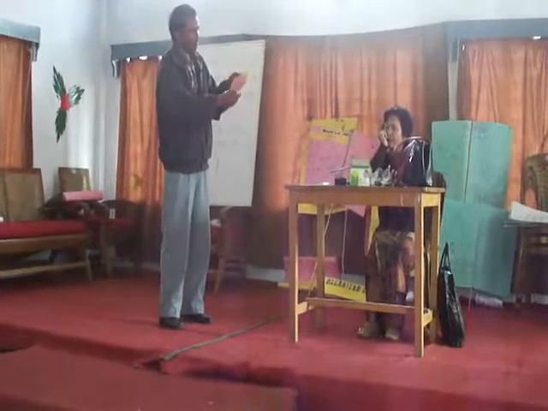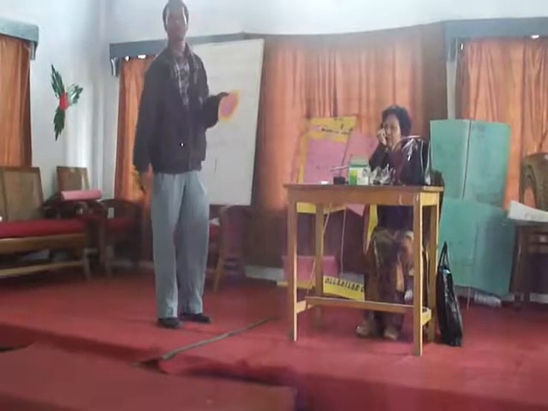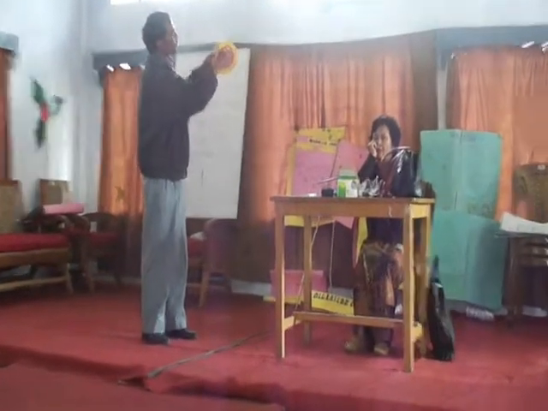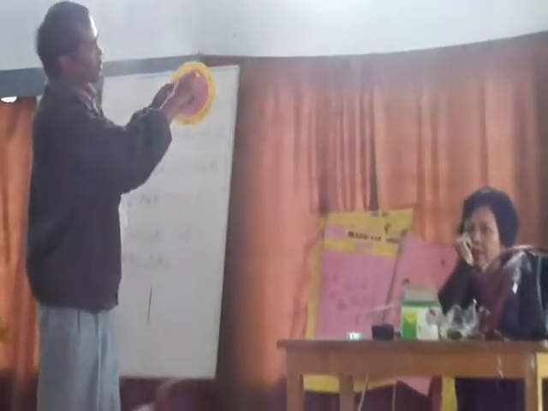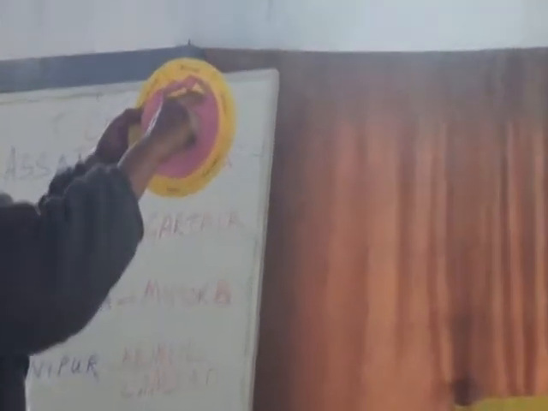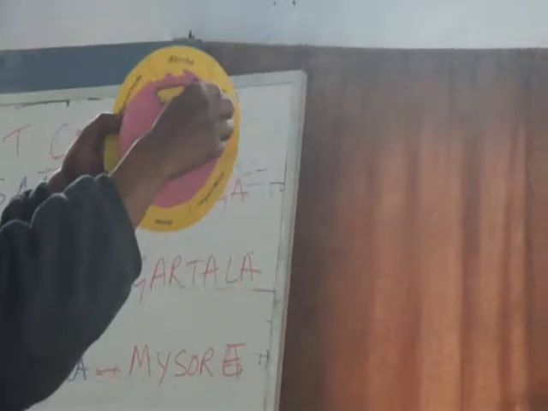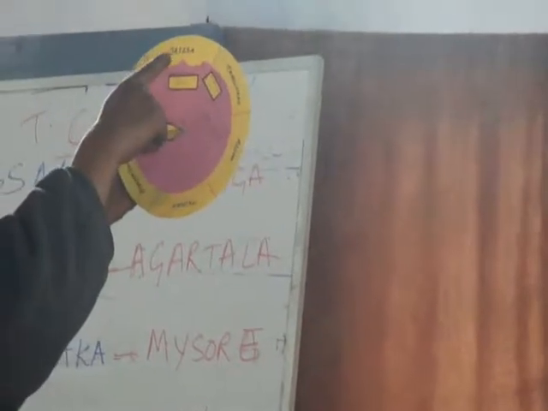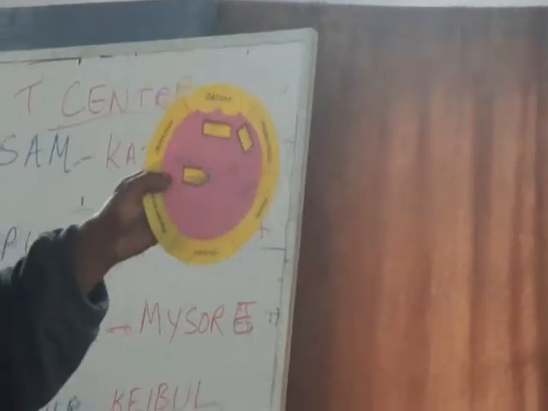In the same way, if I want to see the capital, I have written capital in a square. To find the capital of Orissa, you just locate the arrow. When we reach there, we find that the capital of Orissa is Bhubaneswar.